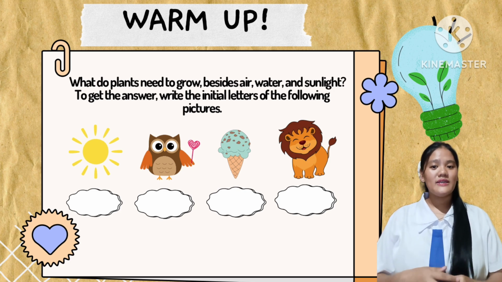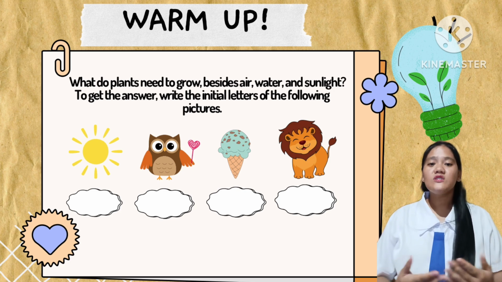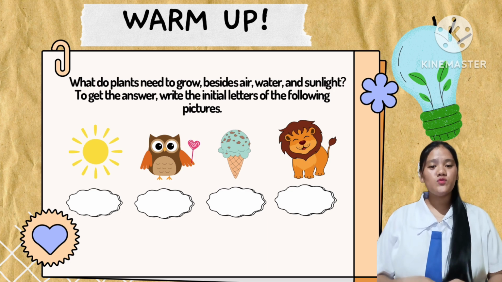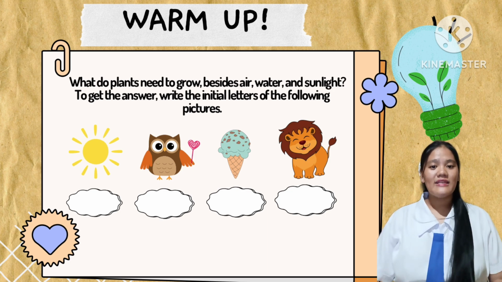So now, let us proceed to our warm-up. Our warm-up is, what do plants need to grow besides air, water, and sunlight? To get the answer, write the initial letters of the following pictures. Do you know what the initial letters are?